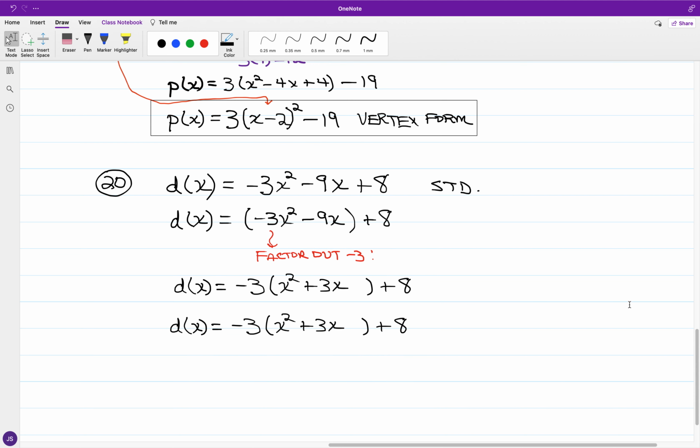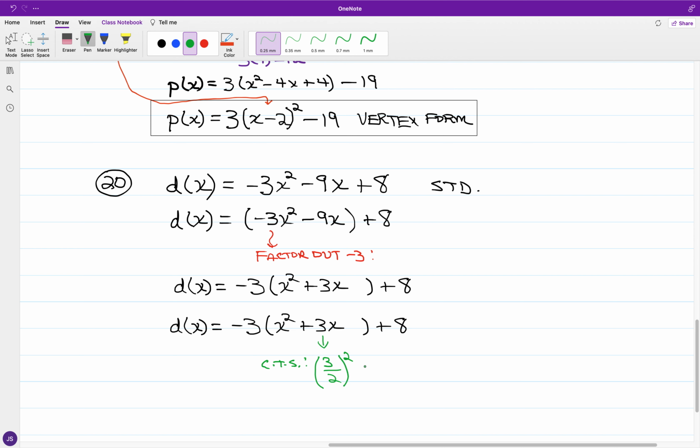And looking at what we have with the completion of the square, after factoring out negative 3, the first term in the parentheses is x squared. So looking at initiating the process of completing the square, we have 3, and whatever's next to x, I'm going to divide by 2 and square.